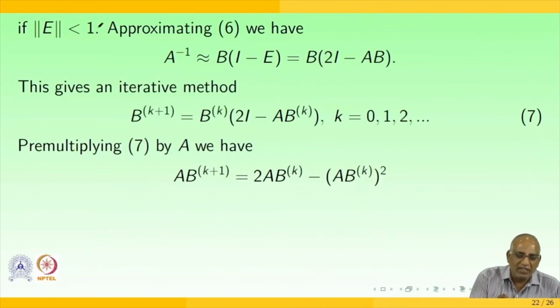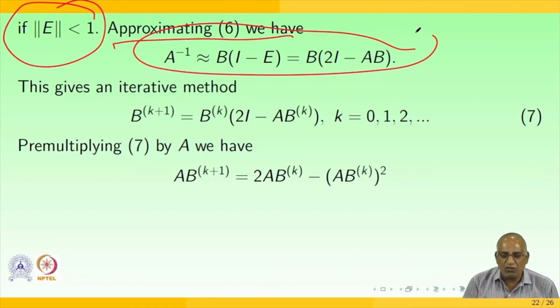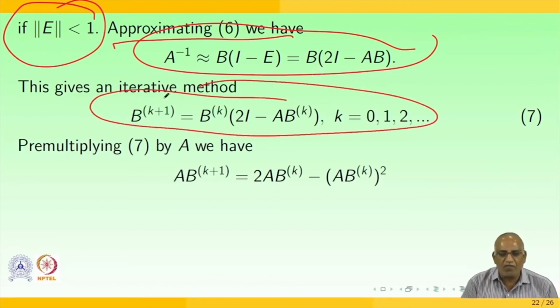As we see, norm of E is less than 1. So in the approximate equation 6 we have A inverse equal to B times (I minus E), which turns out to be B times (2I minus AB). So the iteration method gives the form given in equation 7.